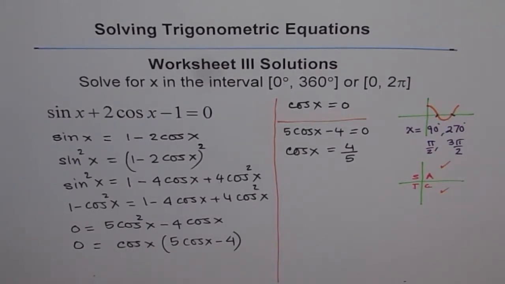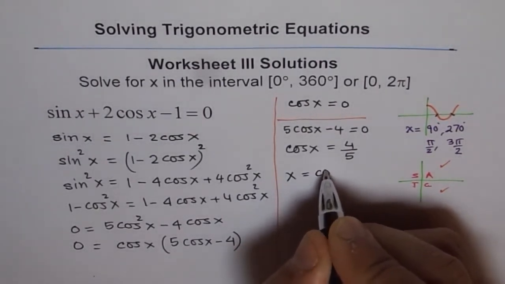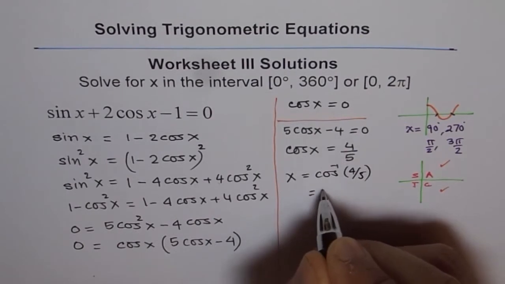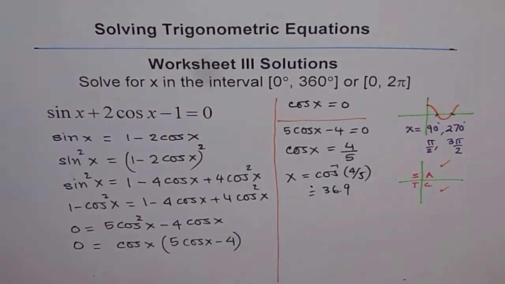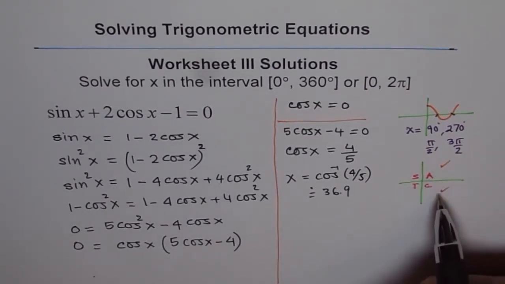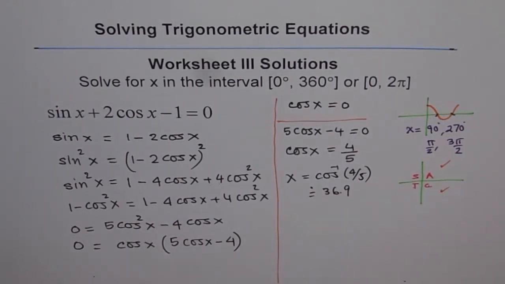Let's write down 36.9. So we have x equals cos inverse of 4 over 5, and we get 36.86. So I'm writing 36.9 rounded to one decimal place. Correct? Well, 37 was even better for me. Anyway, so that is one answer for us, and the other one is 360 minus 36.9, right?